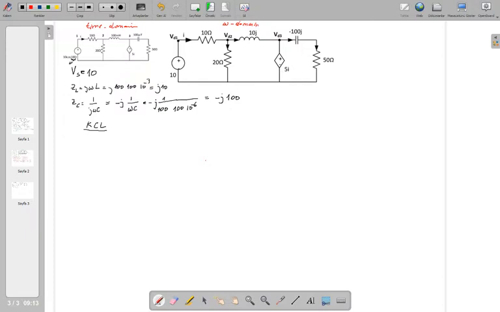If you look at the nodes now here, node 1, node 2, node 3, and this node I didn't mark with a number here. The reason is these two elements are connected in series, so I can replace those two elements with just one impedance, of which the impedance value is 50 minus j100.